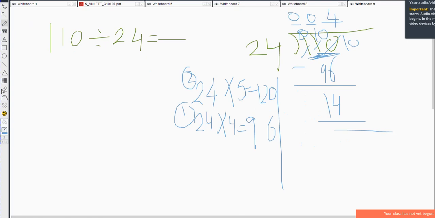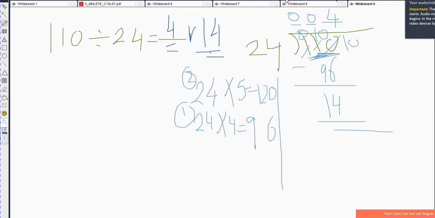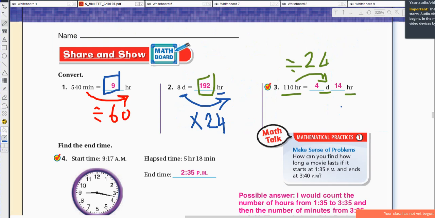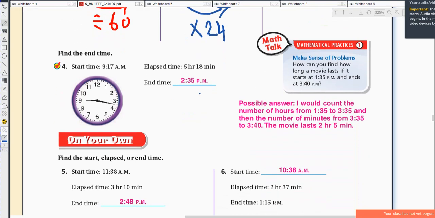So the answer is 4 as a whole number and 14 as a remainder. Remainder 14. So we have 4 days and 14 hours. Like that, 4 days and 14 hours.